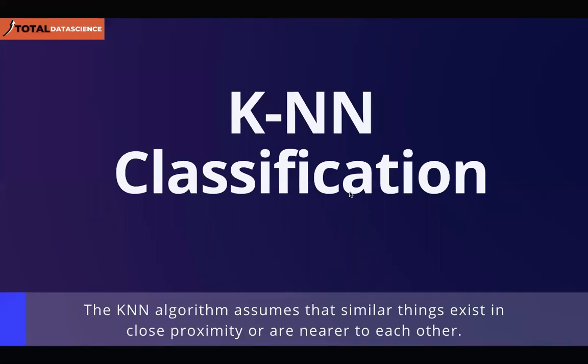Basically, what this algorithm is saying is that items that are closer to each other are similar to each other. Just like in normal settings, just like you and your family, it's likely that you and your siblings look alike.